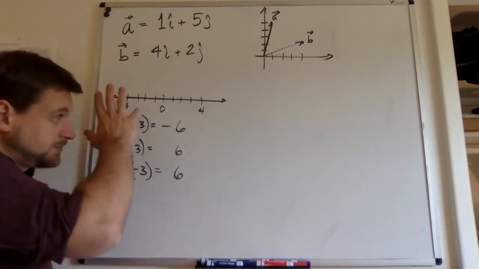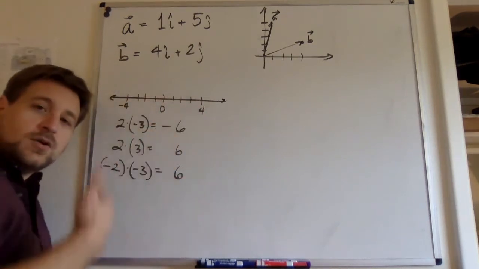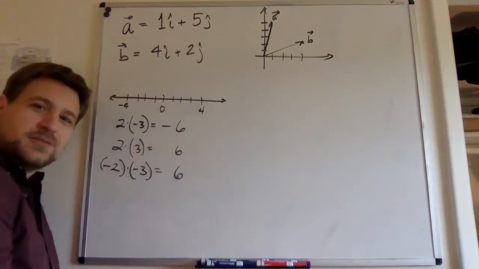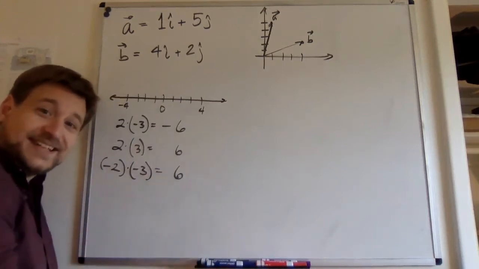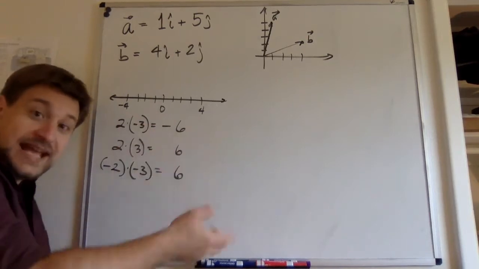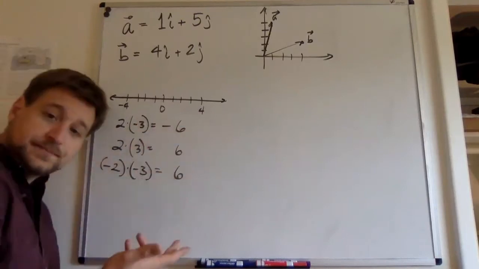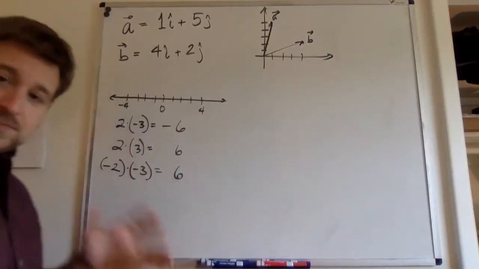So negative multiplication, as far as number lines go, was always the product of directed quantities. 2 is directed to the right, negative 3 is directed to the left, and we were happy to multiply them and get negative 6.